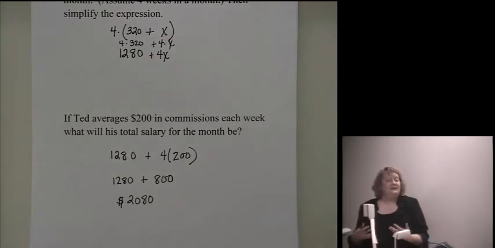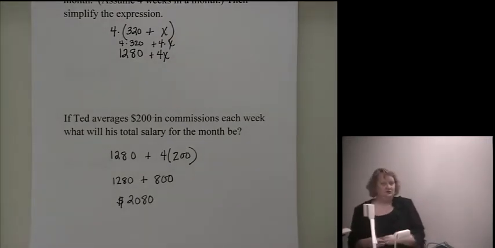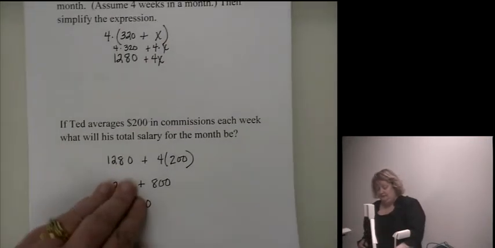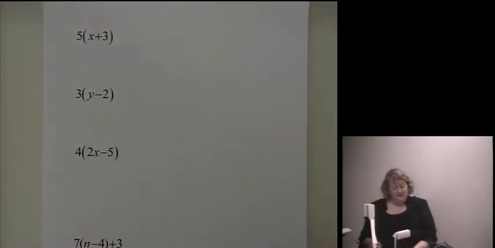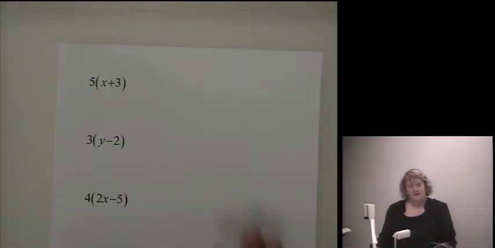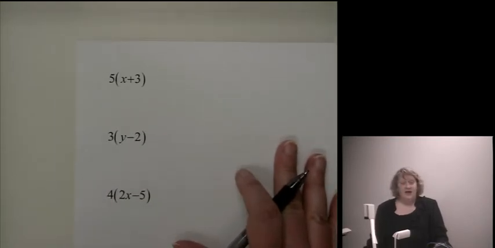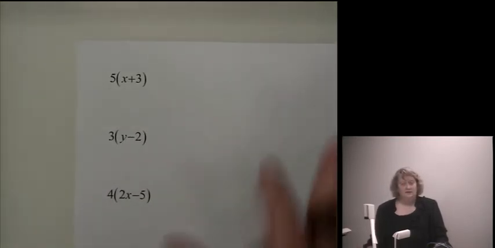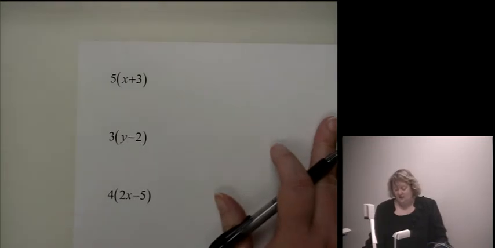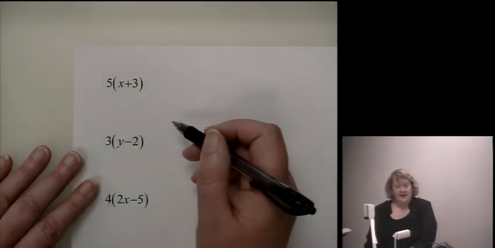So this is an application of the distributive property. Now let's get down to some actual problems with the distributive property and using those in very simple, straightforward applications. And remember I said that the distributive property is over either addition or subtraction. Notice some things about this.